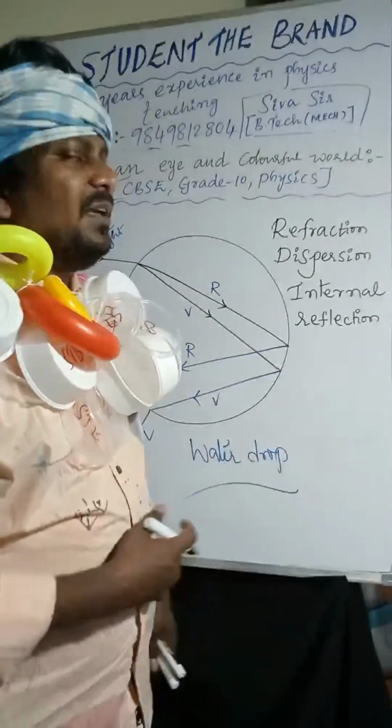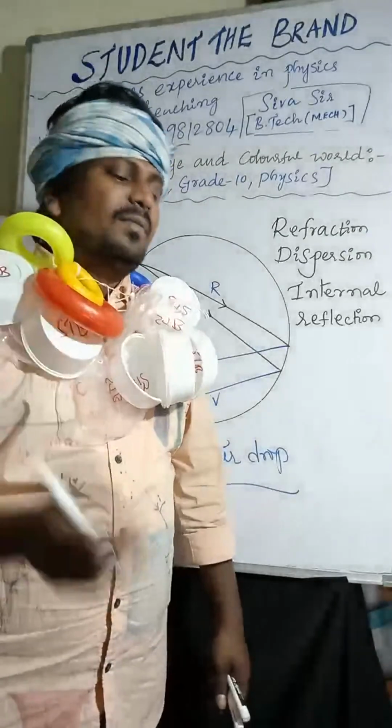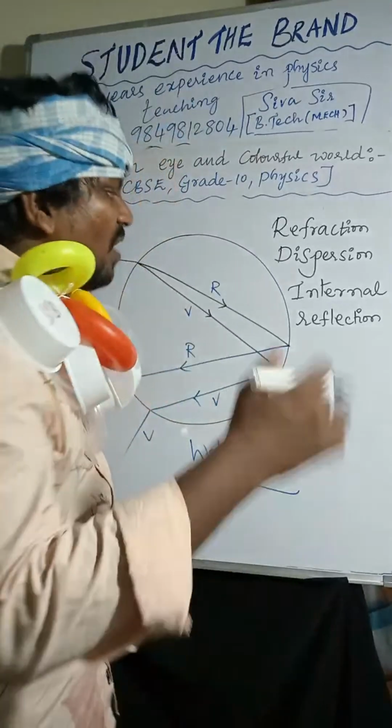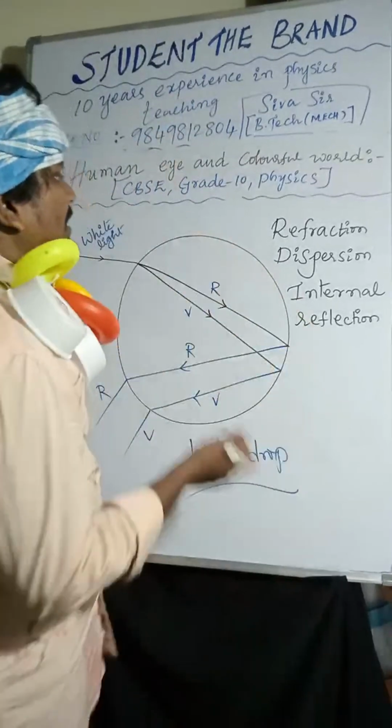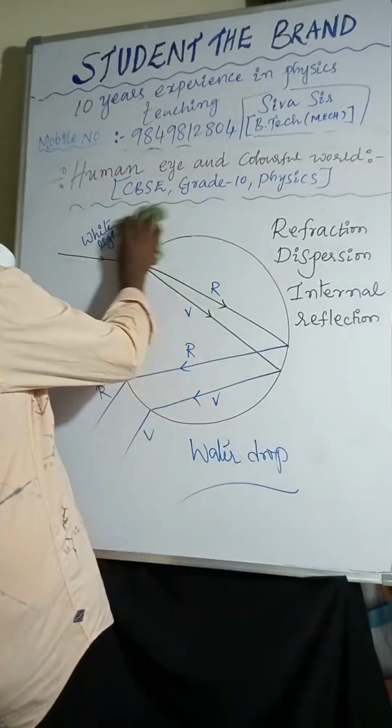This is the phenomena involved in the formation of a rainbow by a water droplet. Next, we are going to one more condition.